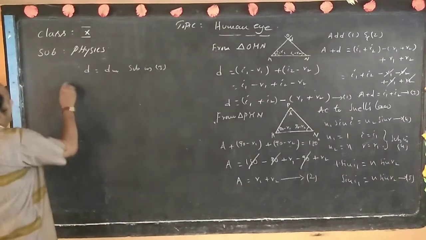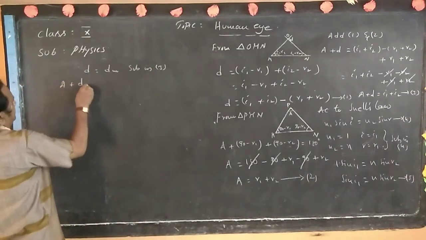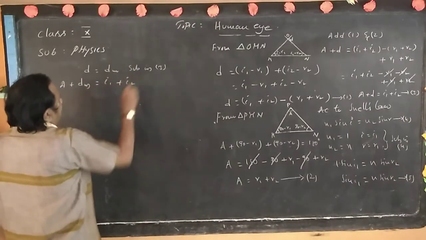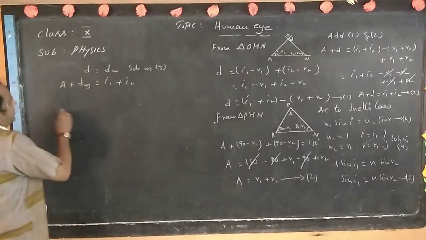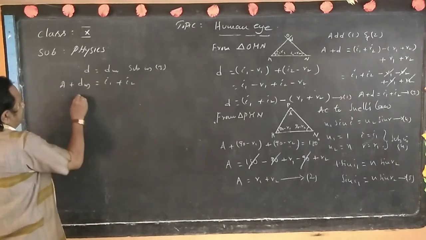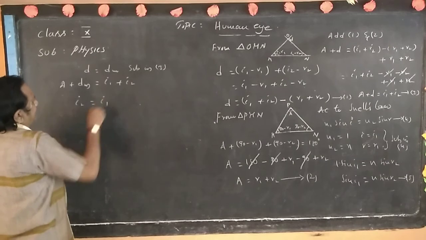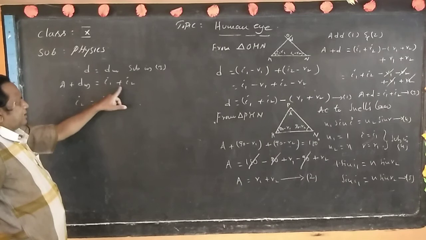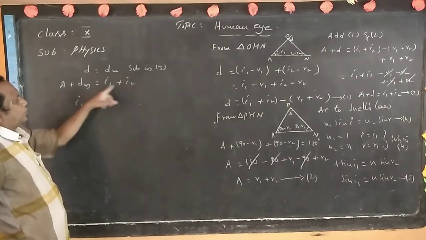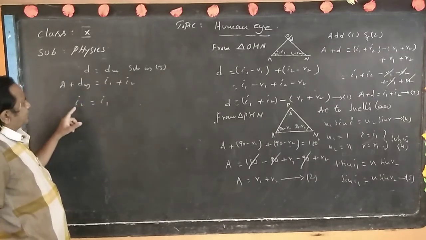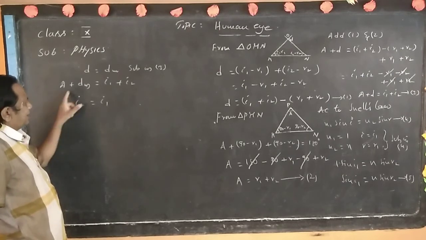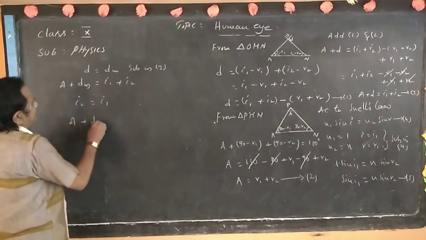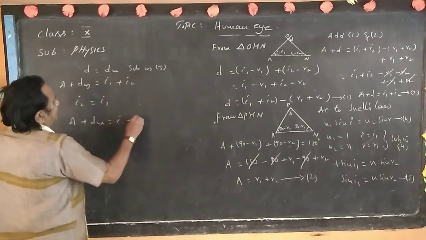Then what do you get? A plus dm is equal to I1 plus I2. Both angles will be similar, so one value is considered. That means I2 is also taken as I1. I1 plus I1 gives 2I1; otherwise I1 plus I2 is of no use for the calculation. That's why one of the angles is taken similar, so I2 will be I1. A plus dm is equal to I1 plus I1.